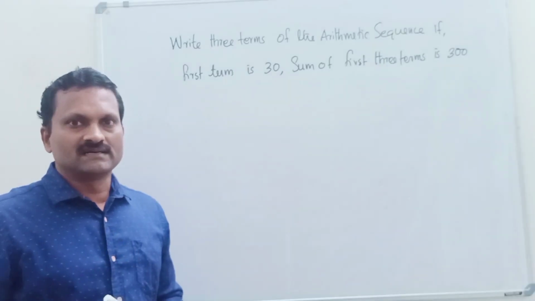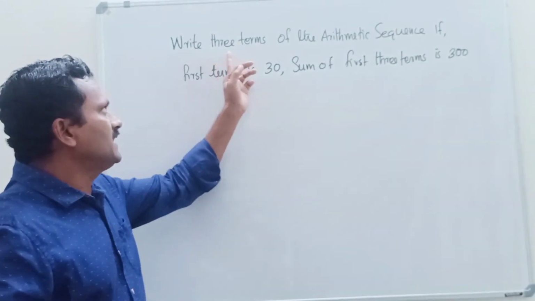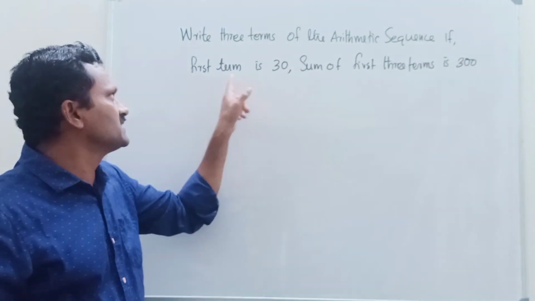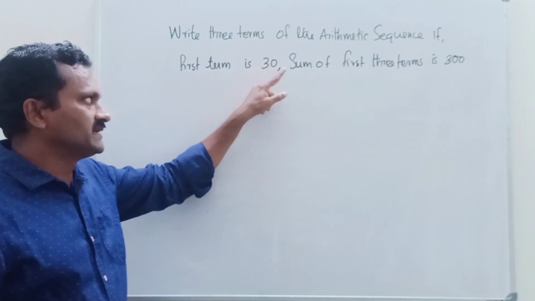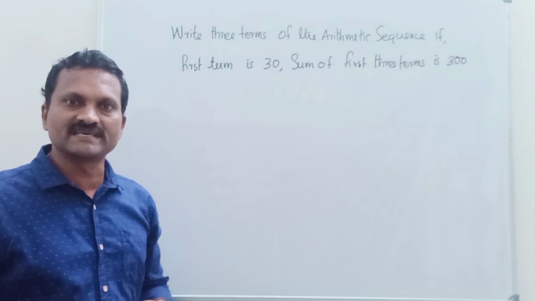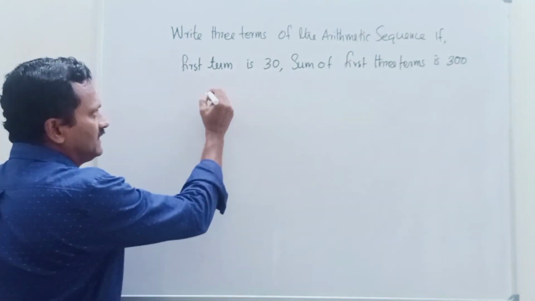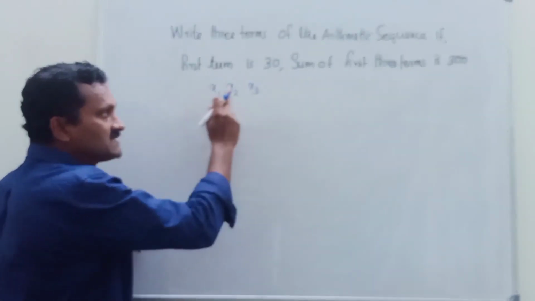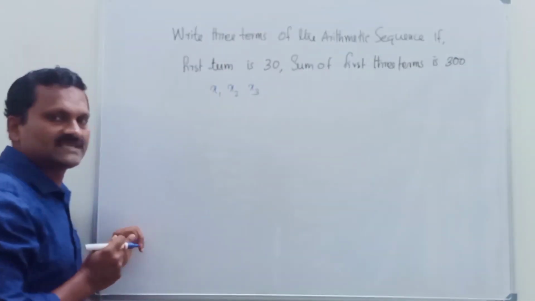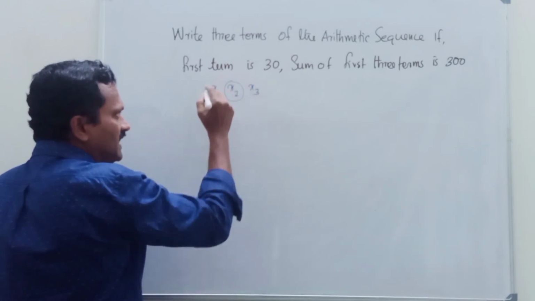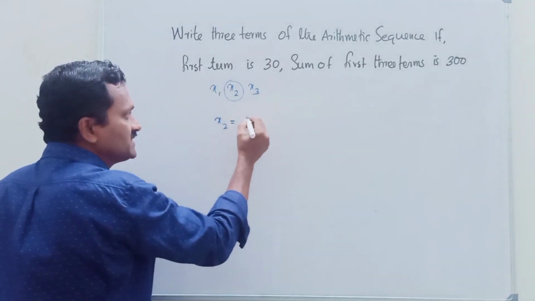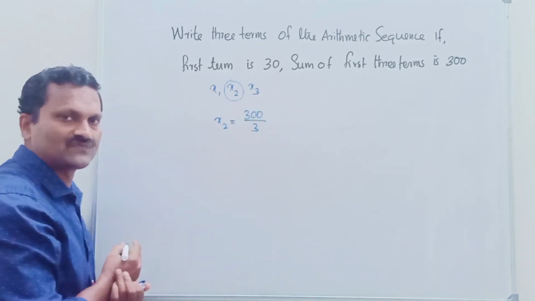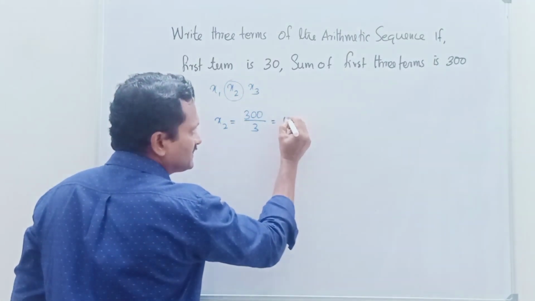Let's consider some problems. Write the first three terms of the arithmetic sequence if the first term is 30 and the sum of the first three terms is 300. First three terms, that is x1, x2, x3. The sum is given and the number of terms is odd. So the middle term x2 is the sum 300 divided by the number of terms, that's equal to 100.